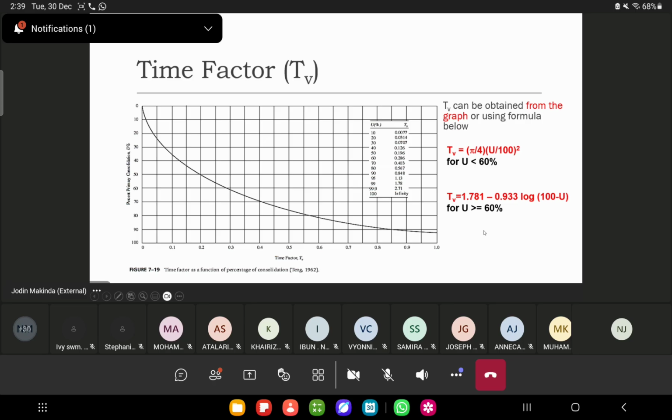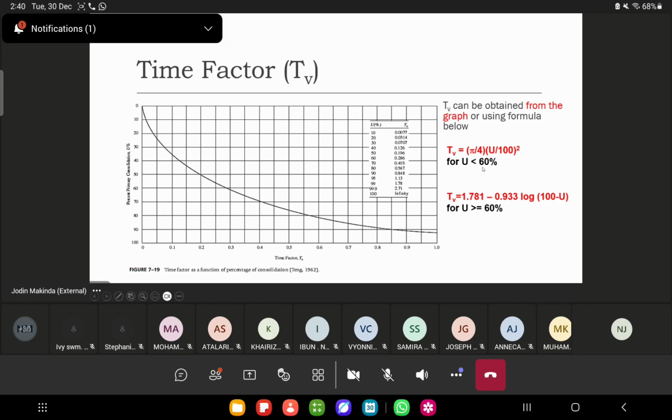Meanwhile, for U larger than 60%, the equation is 1.781 minus 0.933 log of 100 minus U. These are some of the alternatives to calculate time factor. You can use the figure, the table, or the equation.